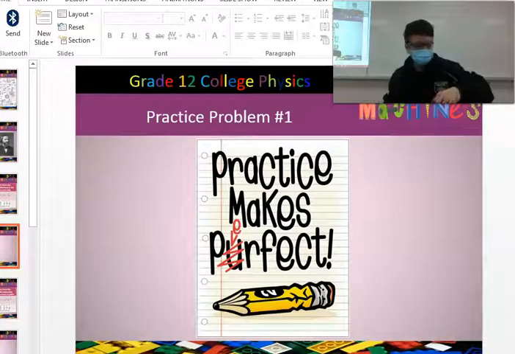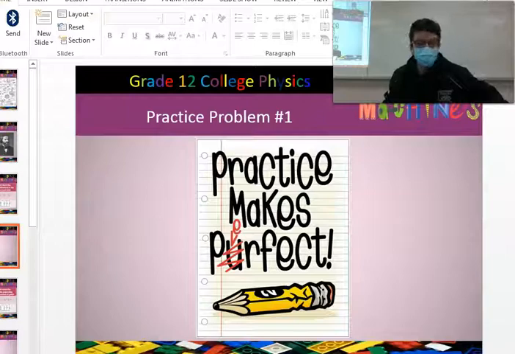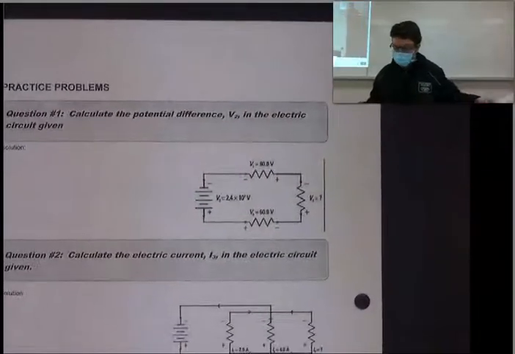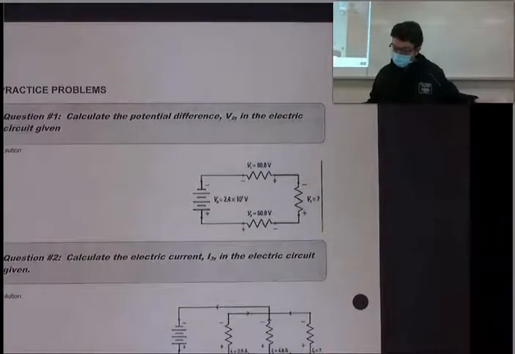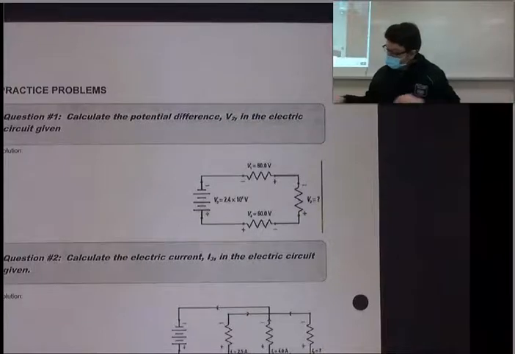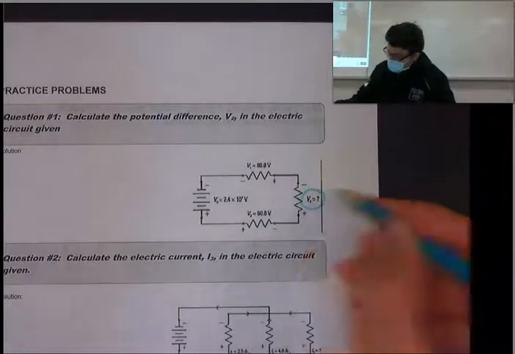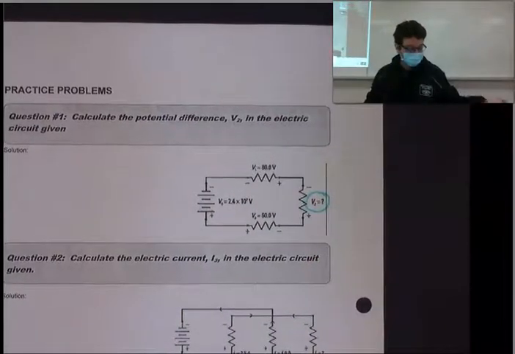Okay, so let's try to take this concept and do the first problem on our handout. So question number 1 says calculate the potential difference V2, so this one, in the electric circuit given.